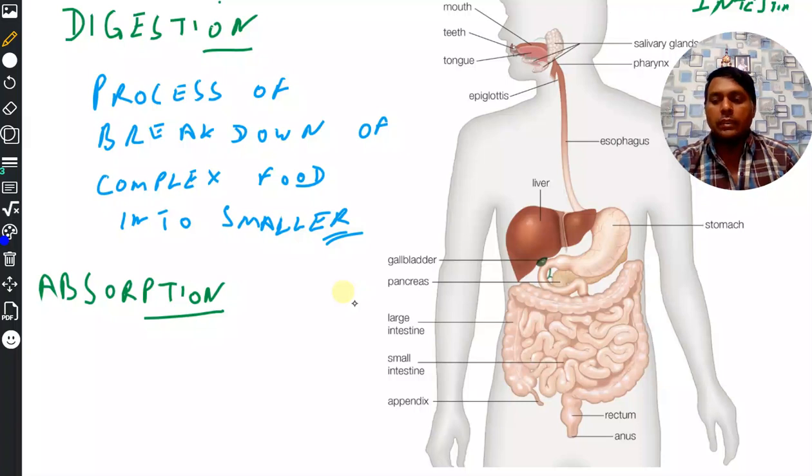Now once digestion occurs, the next step is absorption of the food. What is absorption? It is the movement of nutrients from the digestive tract into the bloodstream.